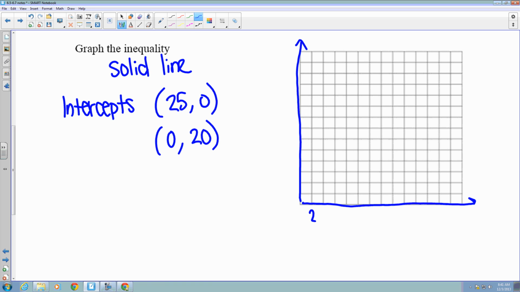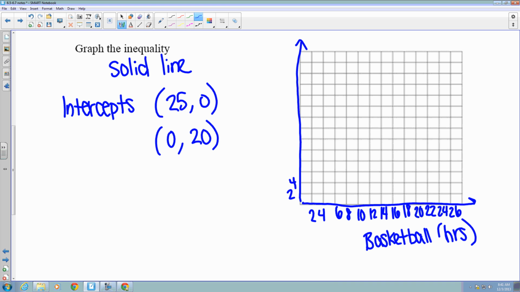Say I go by 2's, and x's represent the number of hours you have to teach basketball. This is in hours.